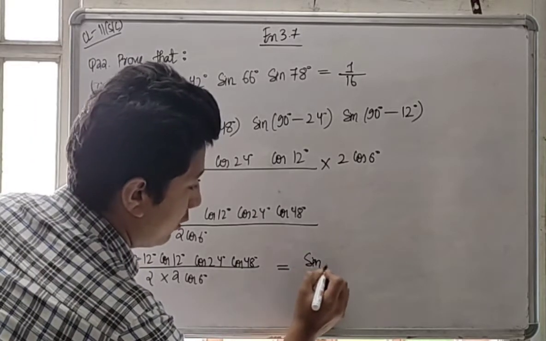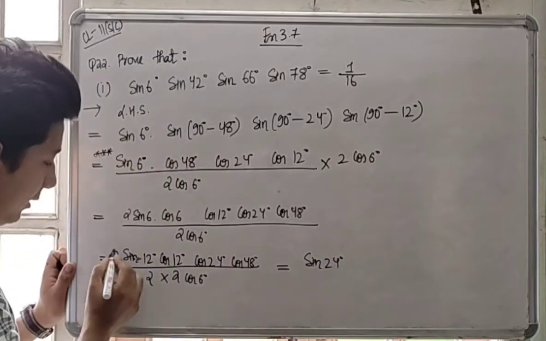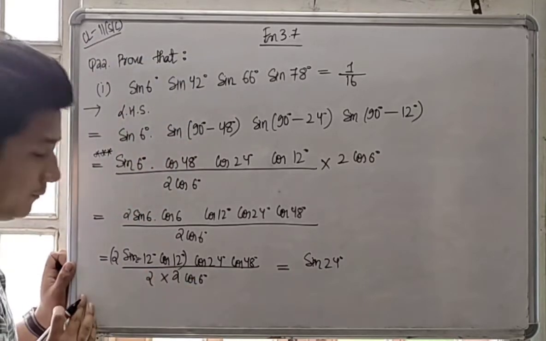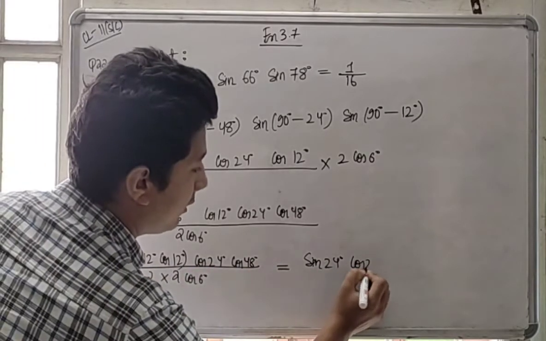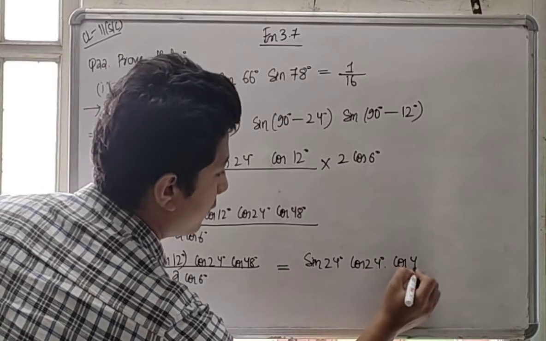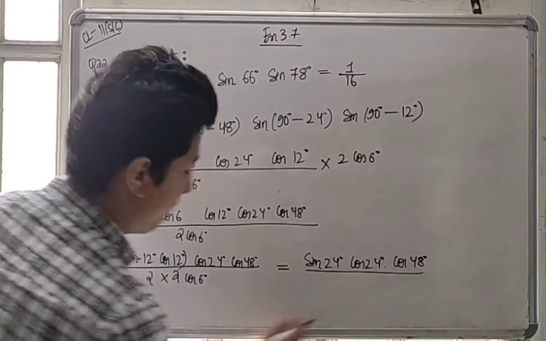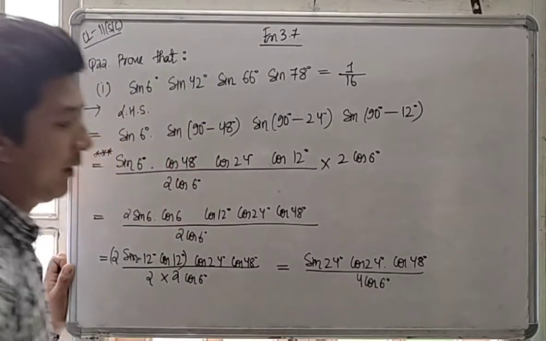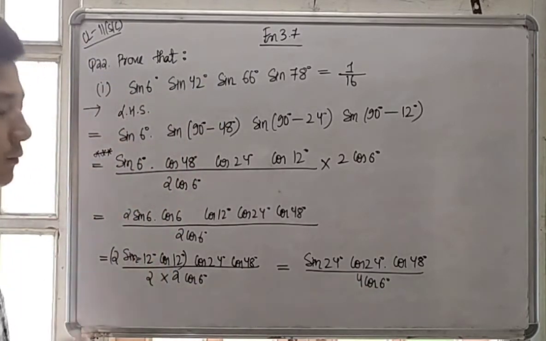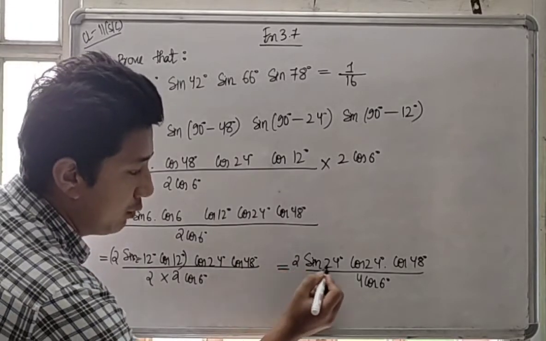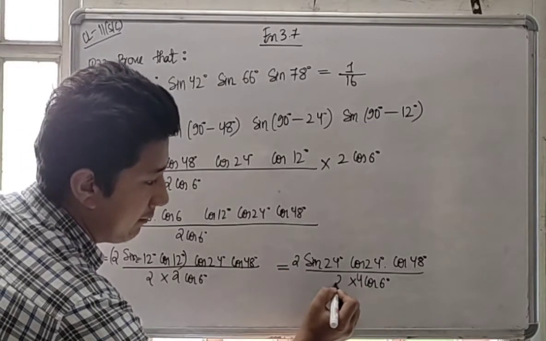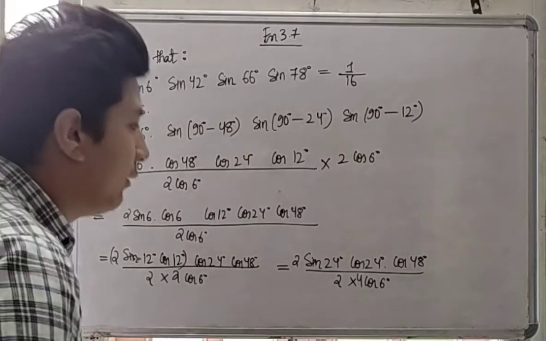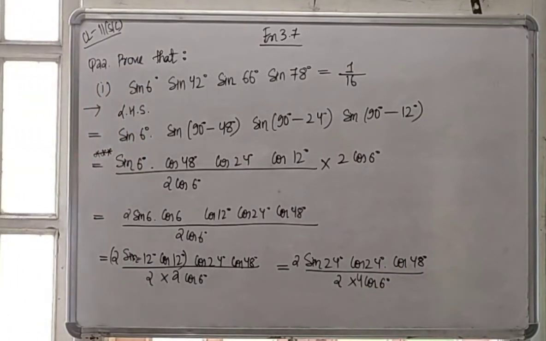So we get sin 24, and cos 24 into cos 48, divided by 2 twos are 4 cos 6°. I hope you are clear with this. I still need 2, because 2 sin theta cos theta, and then again multiply with 2. This time we will be getting cos 48 and so on. I hope you are clear till here. So please pause the video and note it down.